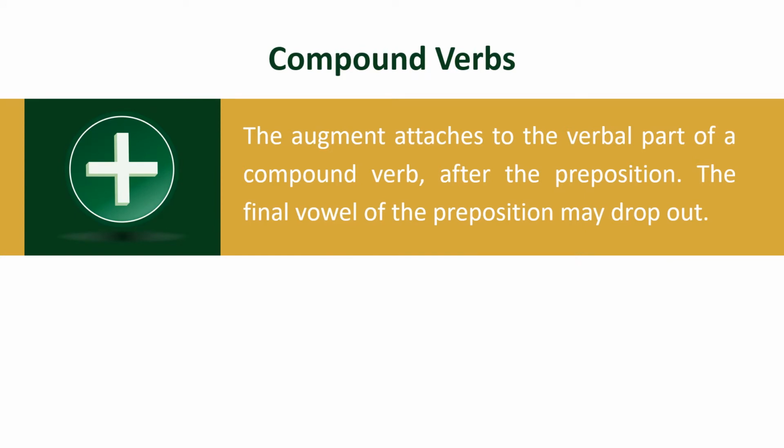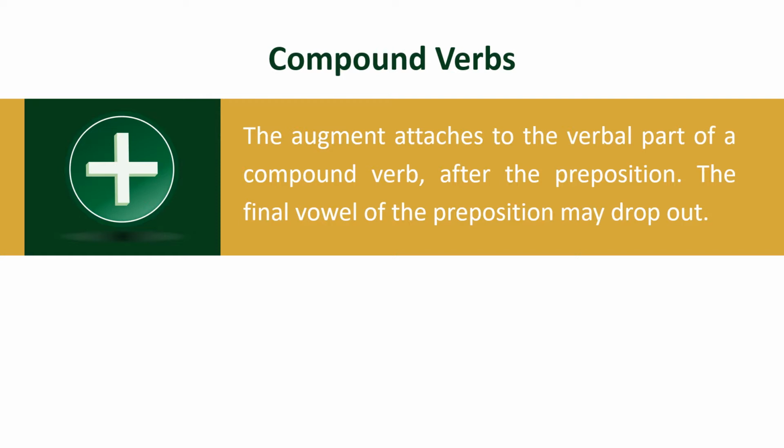The last complication regarding augments relates to verbs that have a preposition in compound. We call them compound verbs. When a verb has a preposition in compound, the augment attaches to the verbal part of the compound verb after the preposition. The final vowel of the preposition, if it ends in a vowel, may drop out.